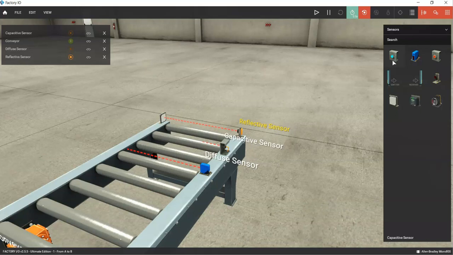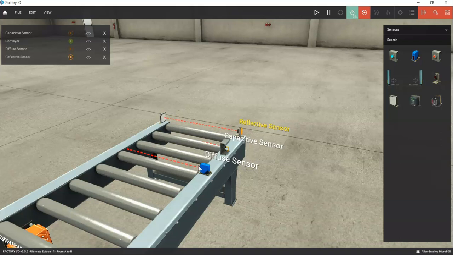The third type we show here is a diffuse sensor. So the diffuse sensor is similar to the reflective sensor in that it's a light beam. The difference is that there's no reflector. So in this case, the light beam is getting sent out, but it has to bounce off of an object to come back.